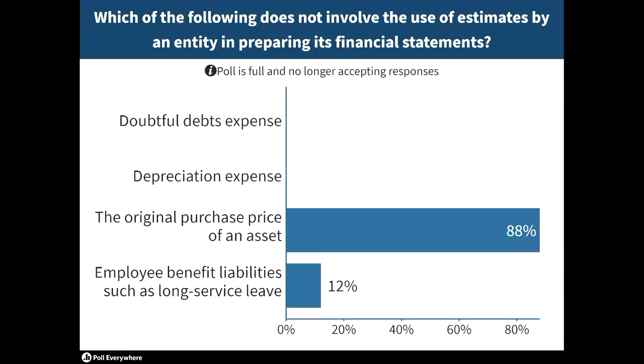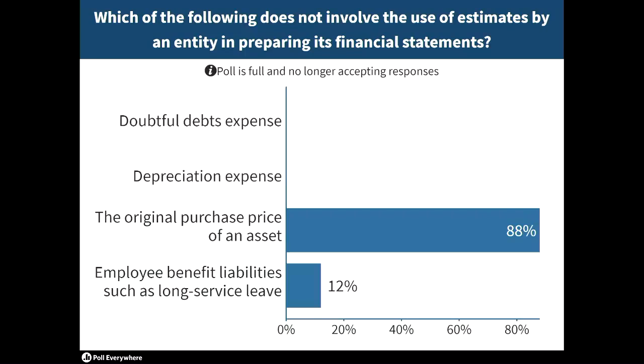You may change the value of the assets in your accounts later due to some issues, but the historical cost is the historical cost. That's the price you paid. It doesn't change, right? You don't have any estimation for that past paid price. But you do have estimation for, like I said, long service leave.